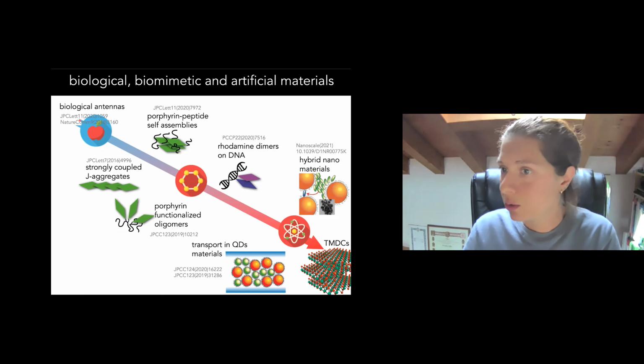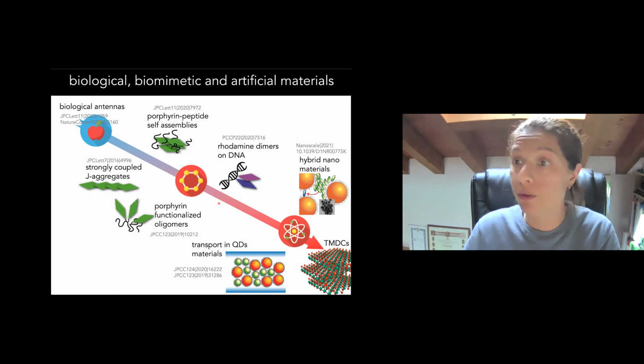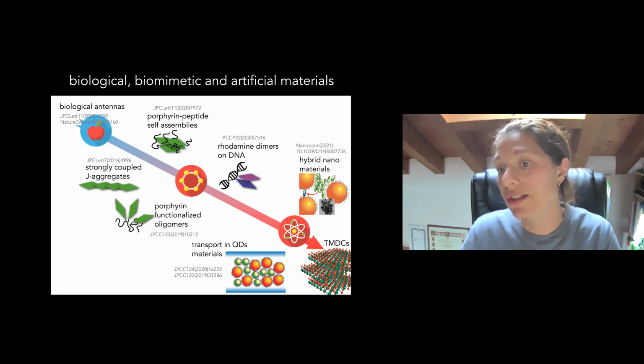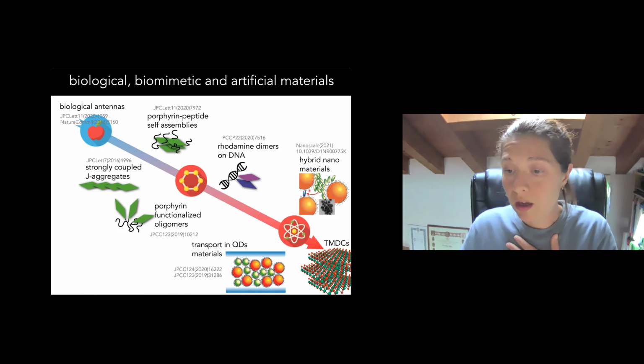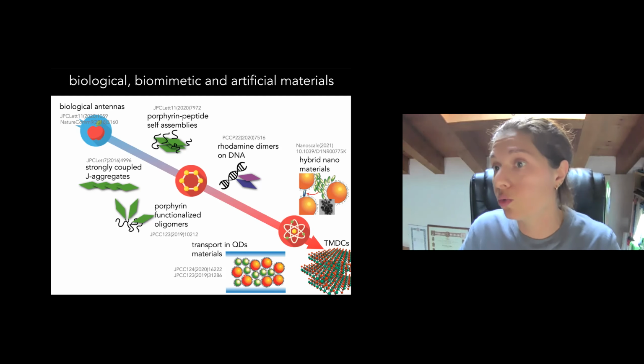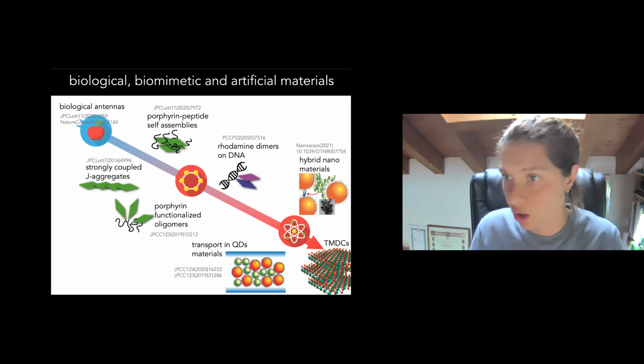Later, the technique was also exploited to characterize biomimetic artificial multichromophoric systems. Here, I'm just showing a few examples coming from my lab. And more recently, the technique started to be employed also to characterize nanomaterials, like, for example, plasmonic nanoparticles, transition metal dichalcogenide layer structures, and semiconductor quantum dot materials in solutions and in solid state.